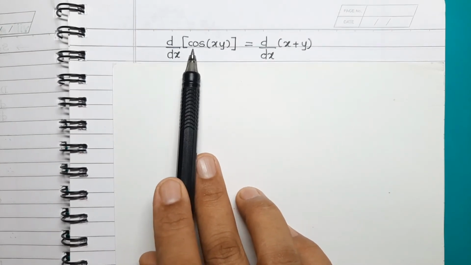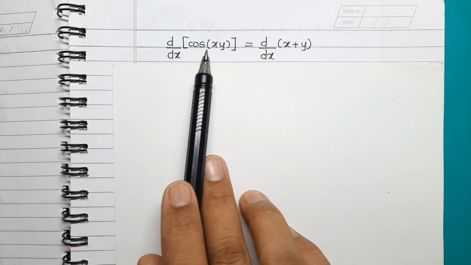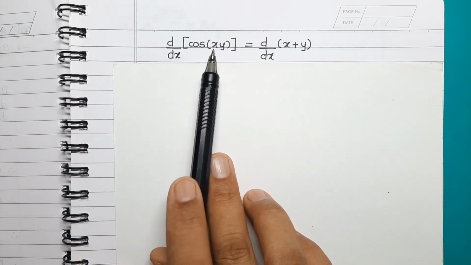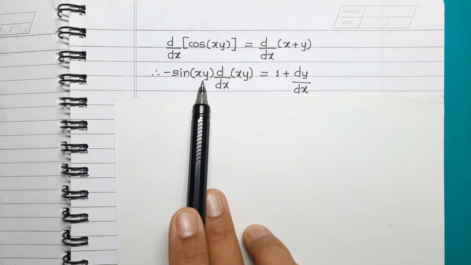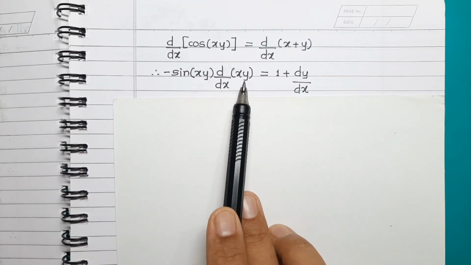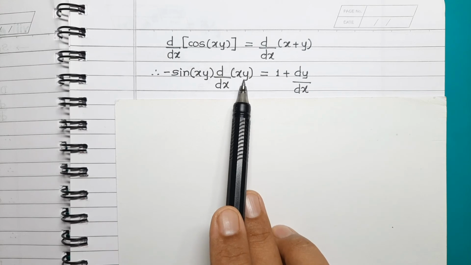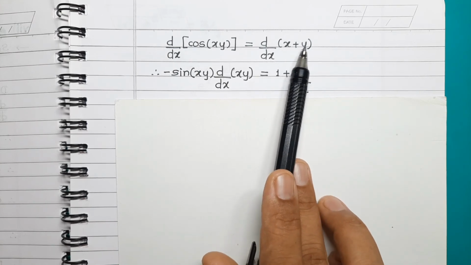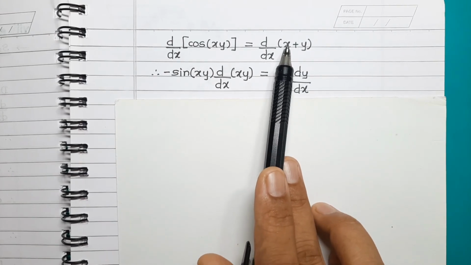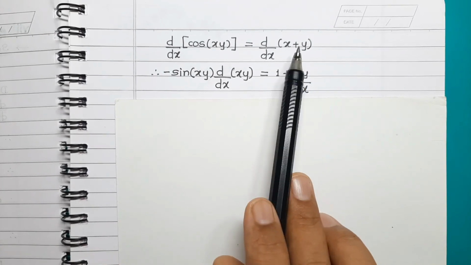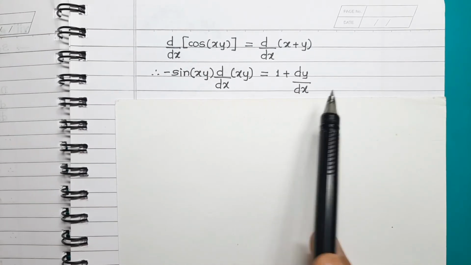So its derivative is minus sine of something into derivative of something, and that something function is this product xy. Okay, and on RHS it's quite simple to find out derivative of this sum. See, derivative of x is 1 and derivative of y is dy by dx.